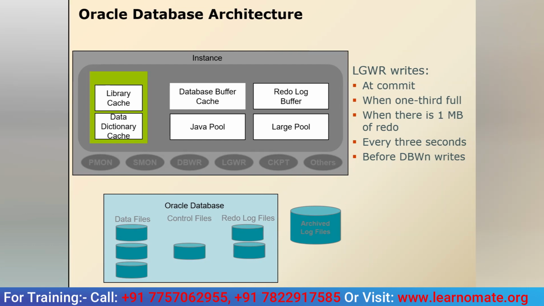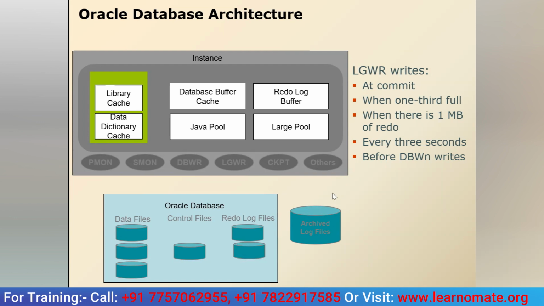Now, redo log files are limited. The size of the redo log file is defined, for example, as 200 MB or 300 MB. Once they get filled, a backup of those redo log files is taken onto disk, and the backup of redo log files is known as archive log files. These archive log files reside on the operating system. So the backup of redo log files is called archive log files.